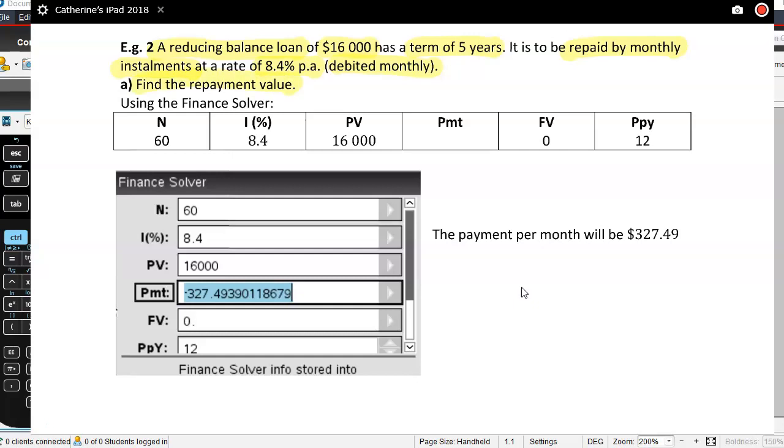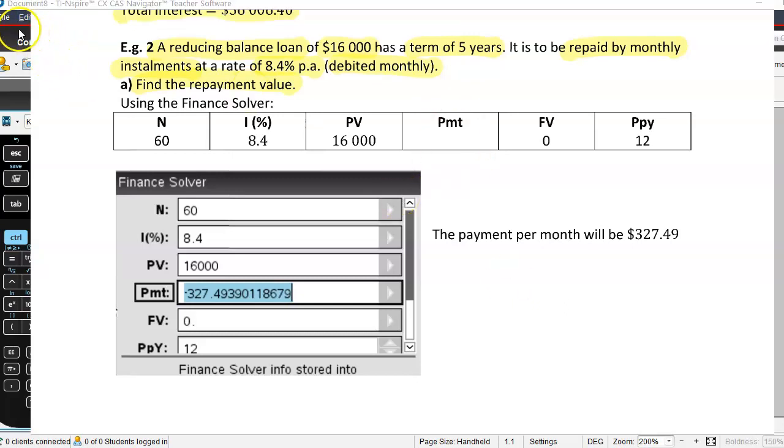I know it's a term of 5 years, so 5 by 12 is 60. Interest 8.4. It's a loan, so the money has come to us. That's a positive of 16,000. I want to owe nothing at the end of the 5 years, and 12 payments and compounding periods per year is 12. So we need to figure out how much we need to pay.